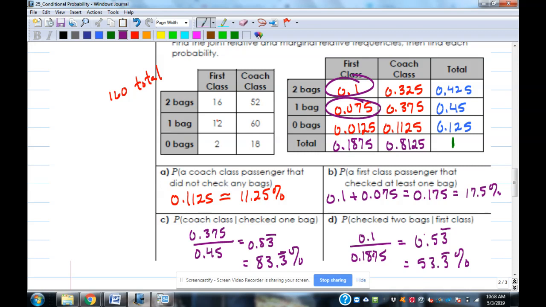Relative frequency charts are nice because probabilities are already in there, but they're not what I would say is necessary to be able to find them. We could have done all of those probabilities just from the original chart, but sometimes you don't get the original data, you only get the percentages or the probabilities out of a frequency chart.